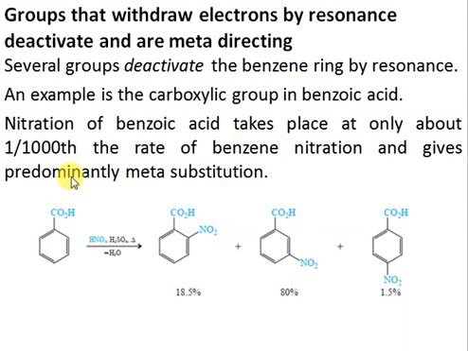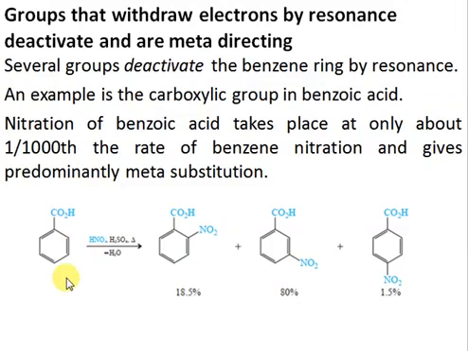For example, if we compare the rate of nitration of benzene and benzoic acid, the nitration of benzoic acid takes place 1000 times slower than the nitration of the benzene ring. So this is the difference in reactivity. The benzoic acid yields the meta product as the dominant product.